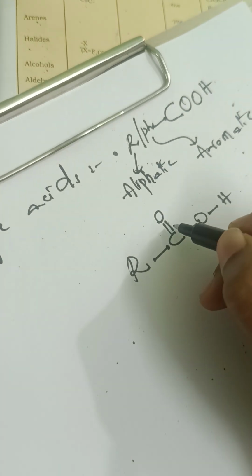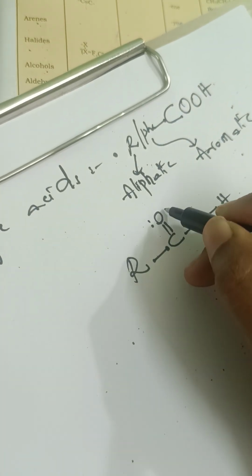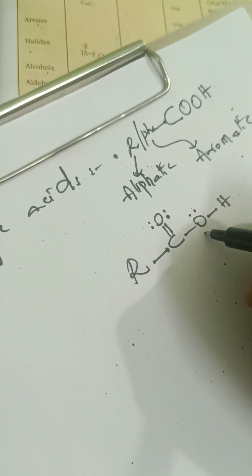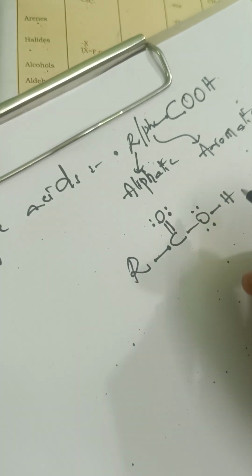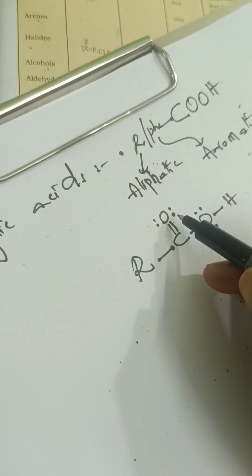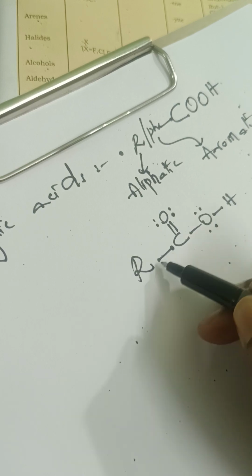Everybody knows that there will be two lone pairs of electrons on oxygen. Students, do you know the difference between lone pair of electrons and bond pair of electrons?